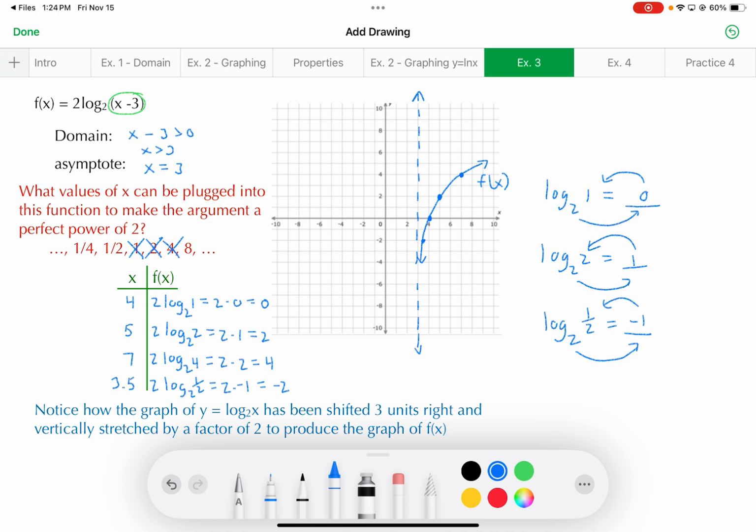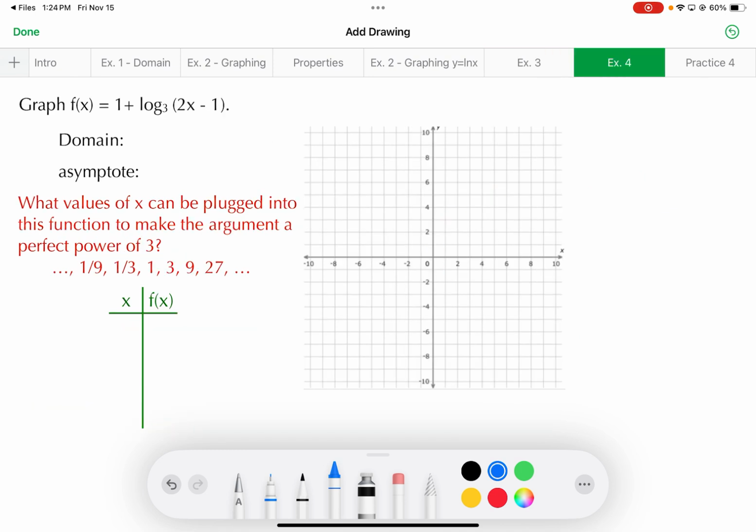All right, let's do one more, example 4. Domain here: 2x minus 1 has to be greater than 0. X would be greater than 1/2. That means the asymptote is at x equals 1/2. Go ahead and draw that in.